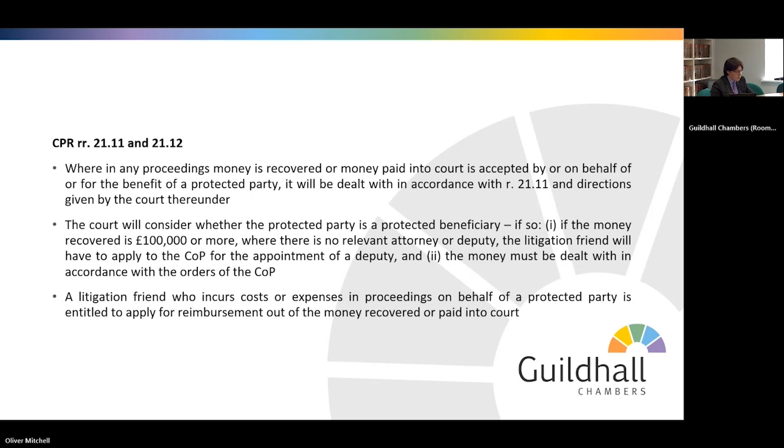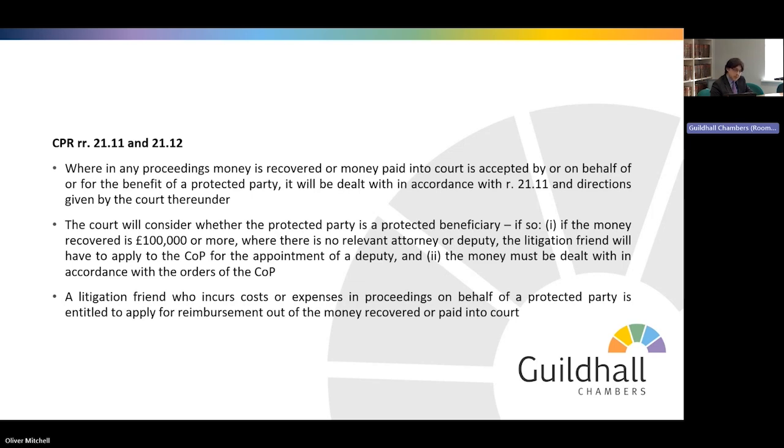The rule here about protected beneficiaries, interestingly, and perhaps this is a gap in the rules, does not deal with the situation where somebody has capacity to litigate, but not capacity to manage and control money recovered in litigation, because Part 21 deals with protected parties, which are people who lack capacity to litigate, and protected beneficiaries are a subset of those people.